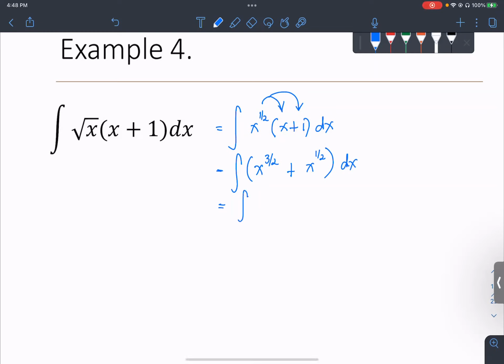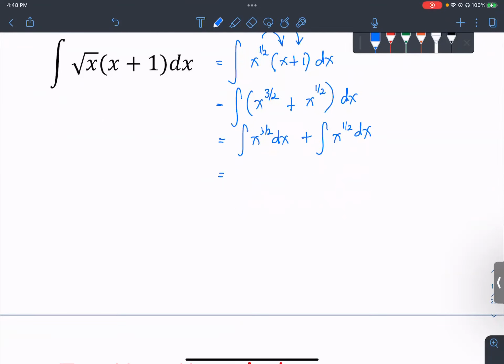Tapos, ayun, yung sum and difference rule na. The integral of x raised to 3/2 dx and plus the integral of x raised to 1/2 dx. So ito yan. So since fraction siya, so yung madaling sinabi ko, numerator is 3, denominator is 2. 3 plus 2 is 5, all over 2. So all over 5/2. And plus x raised to 1 plus 2, 3, all over 2.